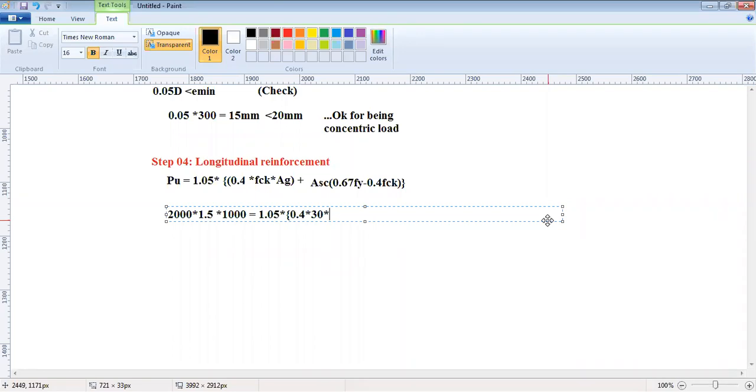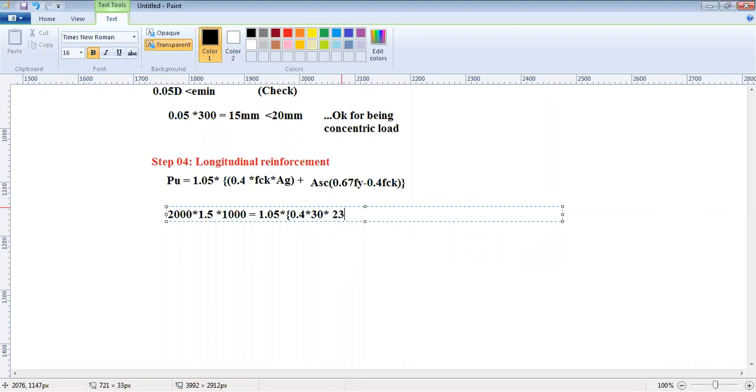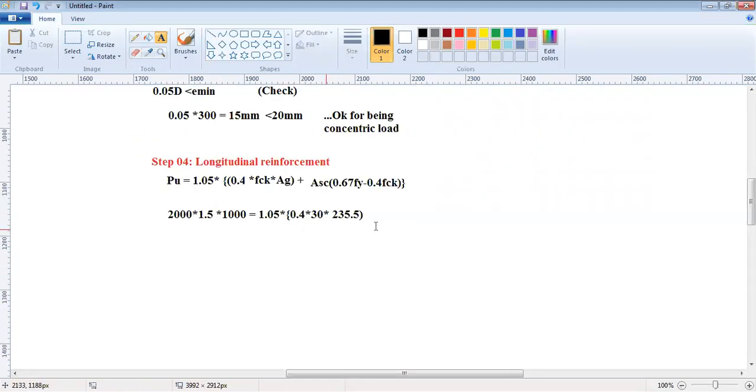Here Ag is 3.14 divided by 4 into 300 squared, which is your gross area of the circular column.